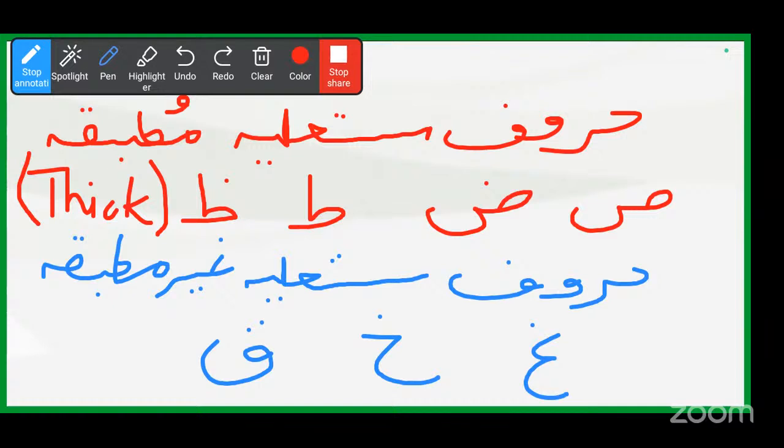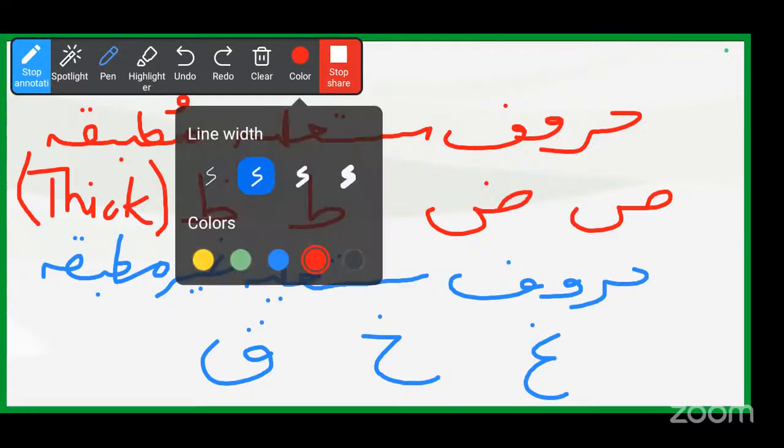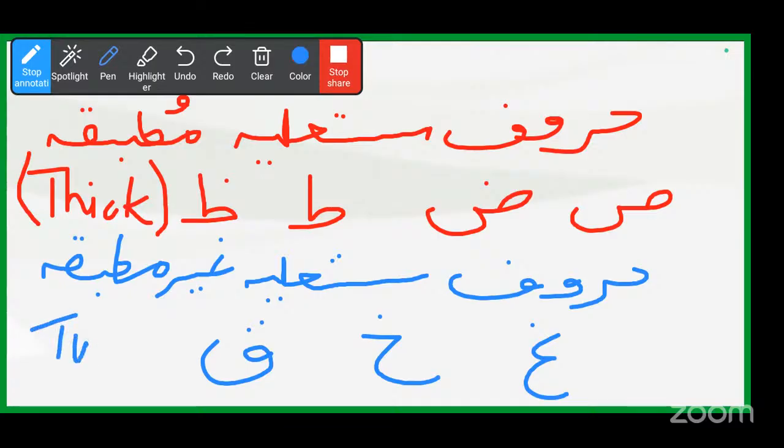With the other three letters, you make your tongue thin, but still the letters are high on the palate, with a thin tongue: ghi, ghu, khi, khu, qa, qi, qu. Is that clear, inshallah? Should we move on?